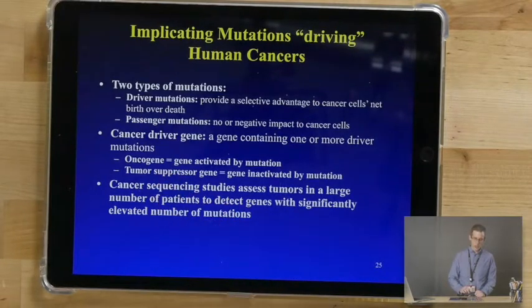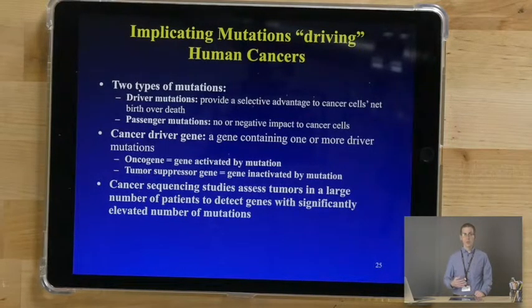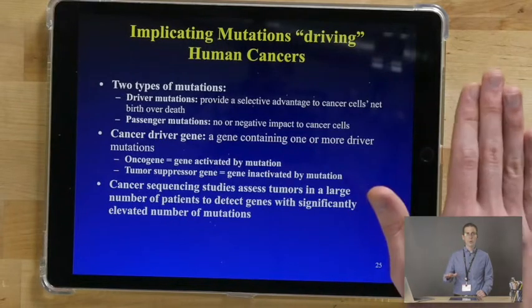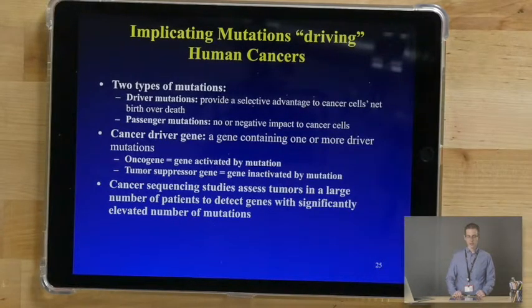And generally we think about two different types of cancer driver genes. One is an oncogene, which requires a gain-of-function mutation. So when the gene is mutated, it either is more active or gains an entirely new function that allows it to promote cancer. It's almost like you had a stuck accelerator, where you're constantly going forward and promoting cancer growth.